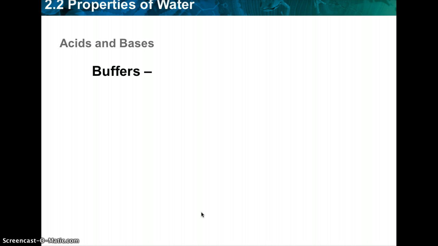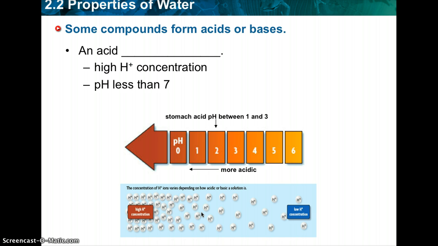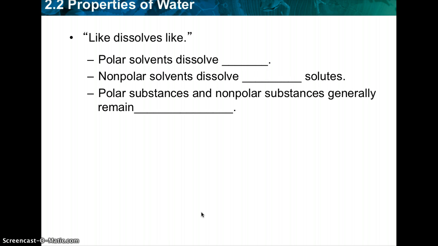So a buffer. A buffer is a compound used to maintain a constant pH within a system. Also, to go back real quick to this slide, we talked about aqueous solution.